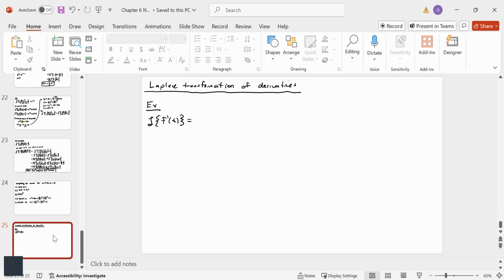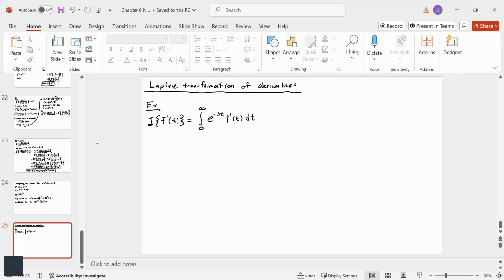If you take the Laplace transform of the first derivative of f, well, using the definition of the integral transform, what we end up getting is the integral of e to the negative st f prime of t dt. So we would use integration by parts to solve for this.